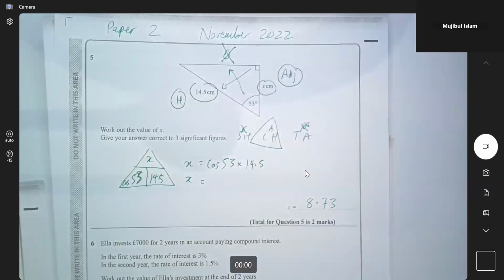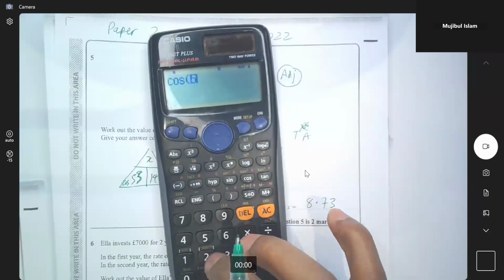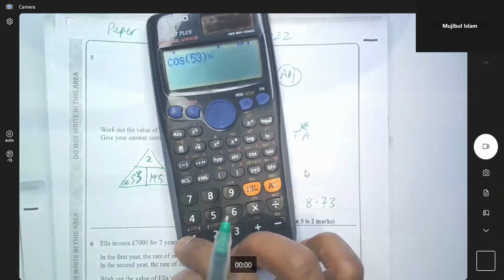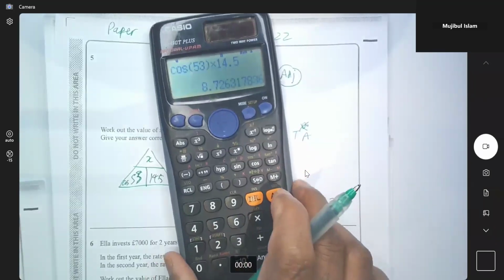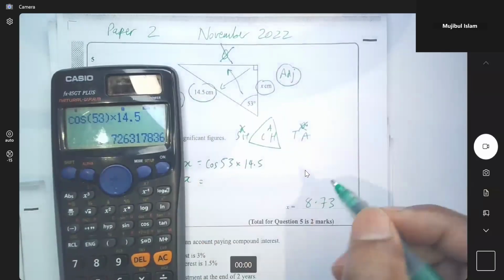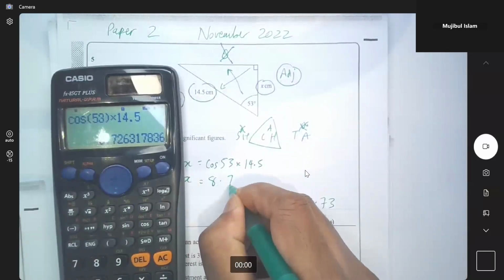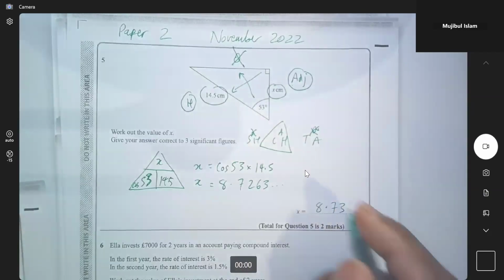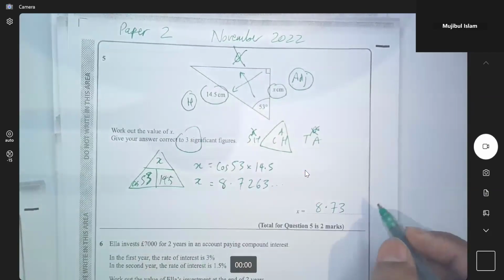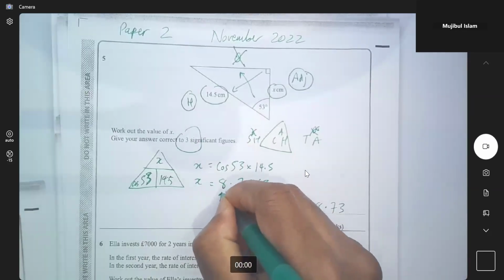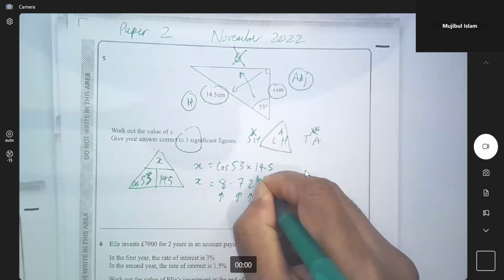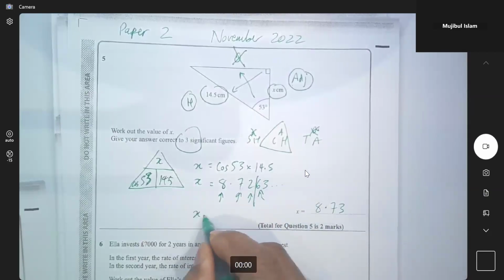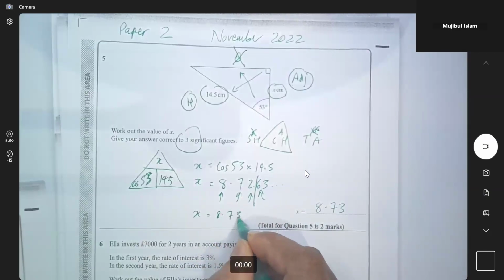Put that into my calculator. Cos 53 times 14.5 gives me 8.7263, carries on forever. Three significant figures: 1, 2, 3 significant figures. This is my decider. 6 rounds up. X equals 8.73.